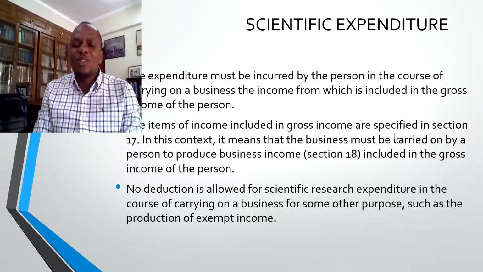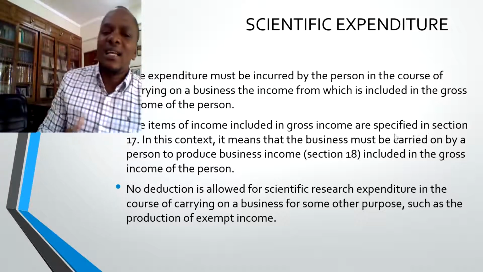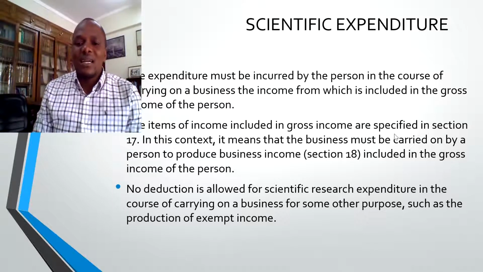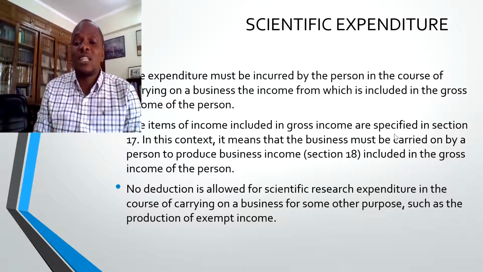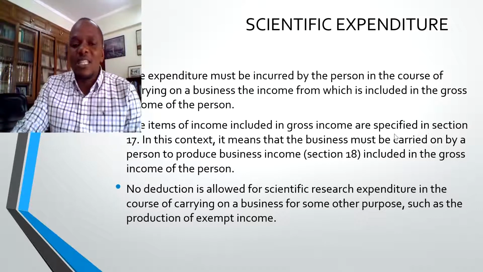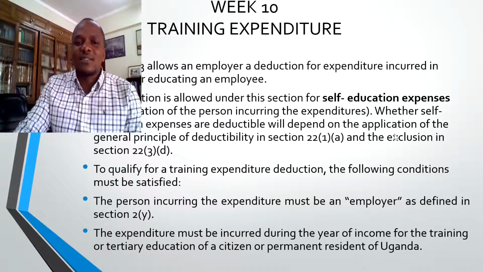And of course, the items included in gross income are clearly specified under section 17. We've looked at that. And no deduction is allowed for scientific research expenditure in the course of carrying on a business for some other purpose, such as producing exempt income and many other related things.